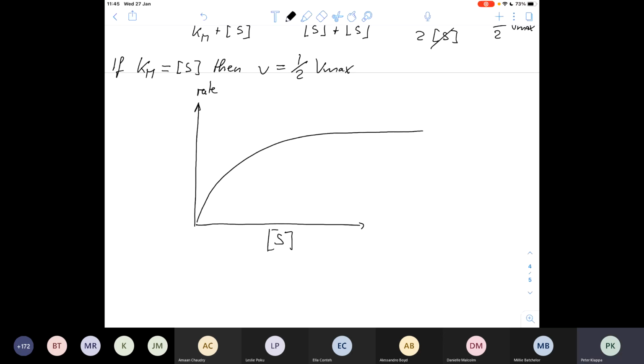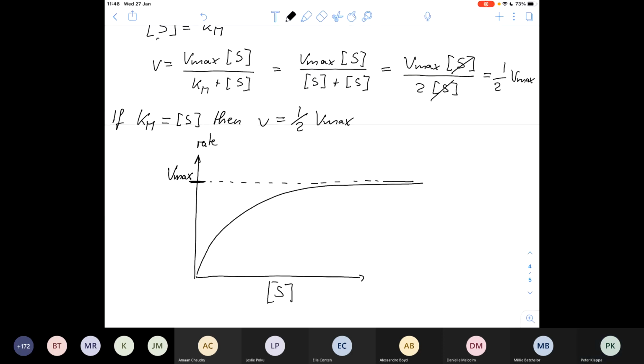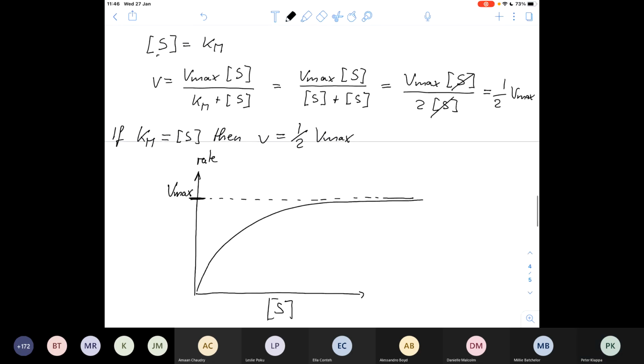It has to be exactly the same to get exactly 1/2 of Vmax. So this point here gives us our Vmax.